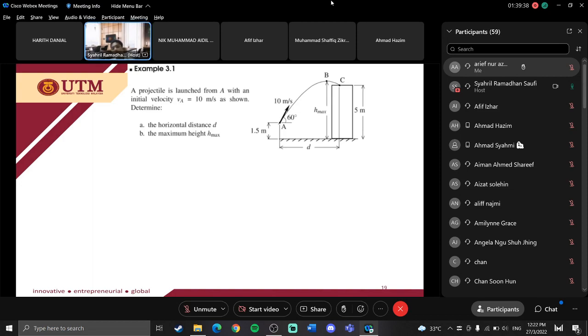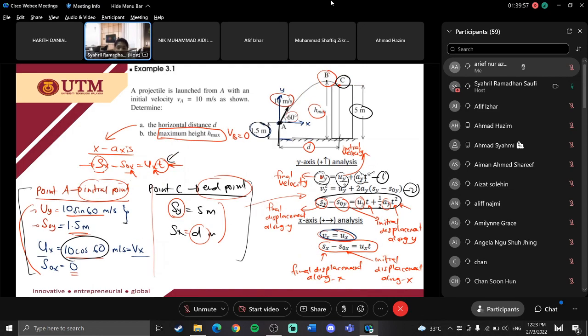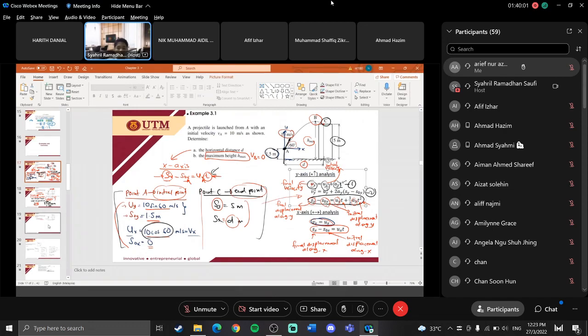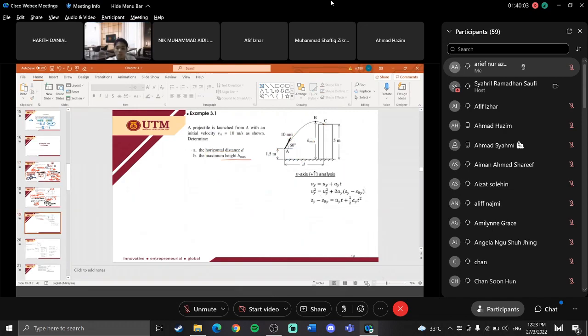The question asks for Hmax, which is along Y, so you need to use the equation along Y. Let me copy this one. So this is the equation along Y.